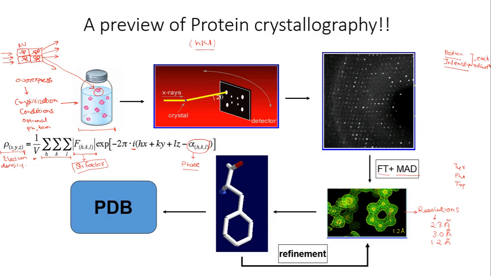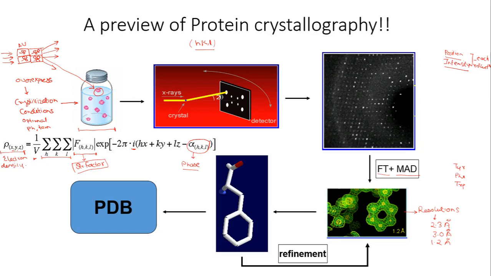You create a model that would fit into the electron density map, and then ask yourself a question: have I created a better representation of a model that would fit my electron density map? You ask yourself such questions, and you iteratively refine your model by fitting it into the electron density map.